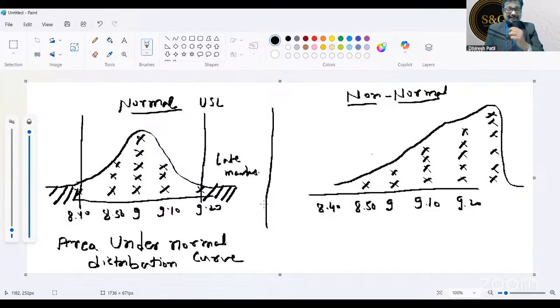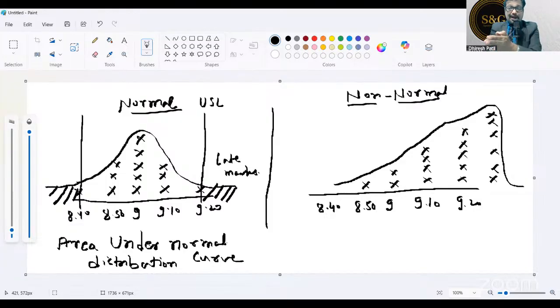Now, as I said earlier, the area under the normal distribution curve, those fundamentals will not be applicable in this shape of distribution because this is not a normal distribution. That's where, when we calculate the process capability, what is process capability? 3 sigma, 4 sigma, 5 sigma, that is process capability.